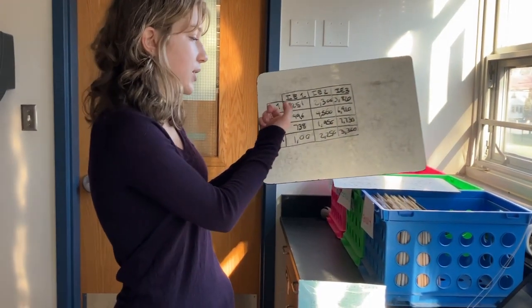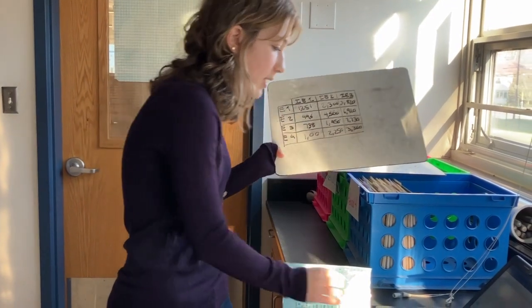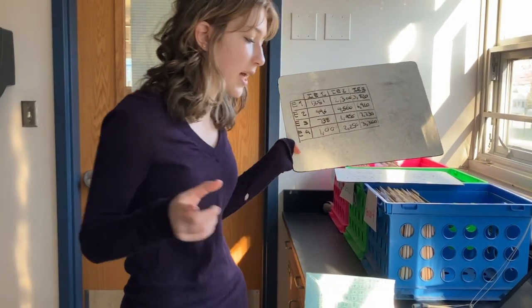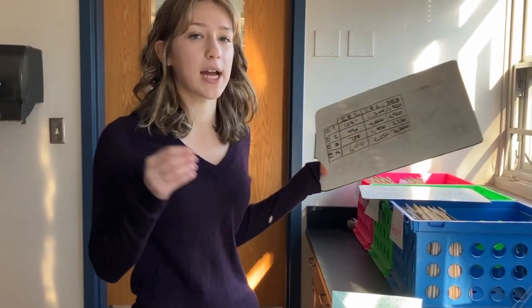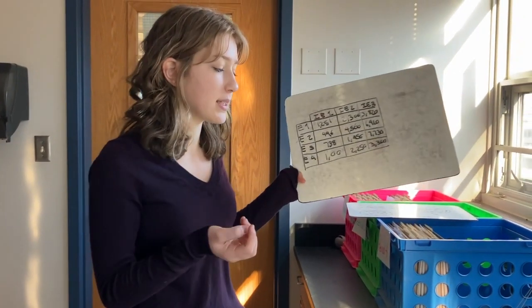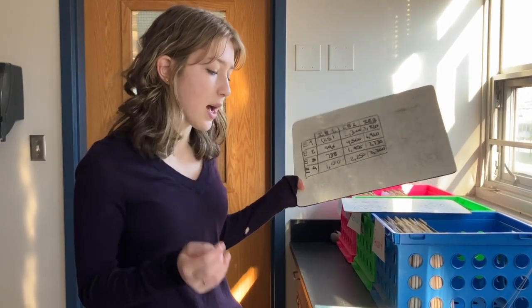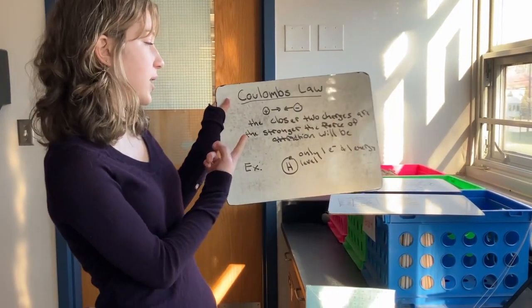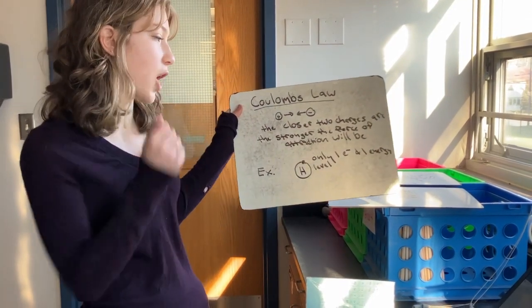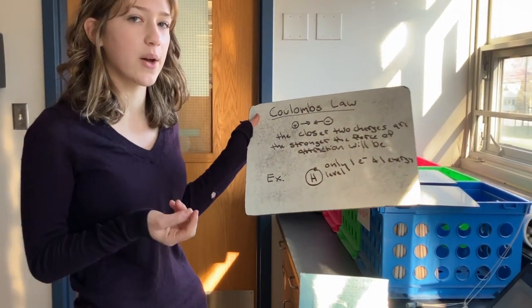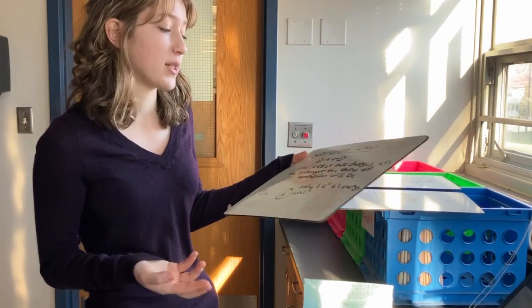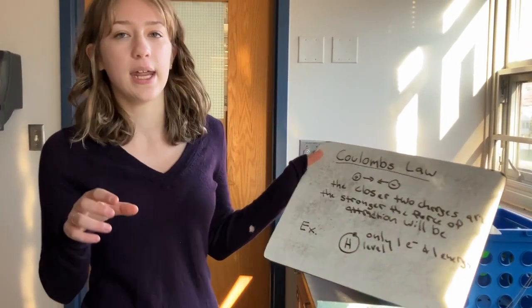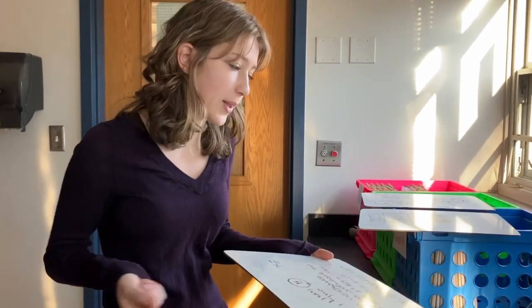It has 1,251 instead of the smaller numbers, meaning that its valence electrons have the most attraction to the nucleus, and that means that according to Coulomb's law, the closer two charges are, the stronger the force of attraction will be, and because we know it has the strongest force of attraction, that means that it must be closest, and that means that the radius must be the smallest.